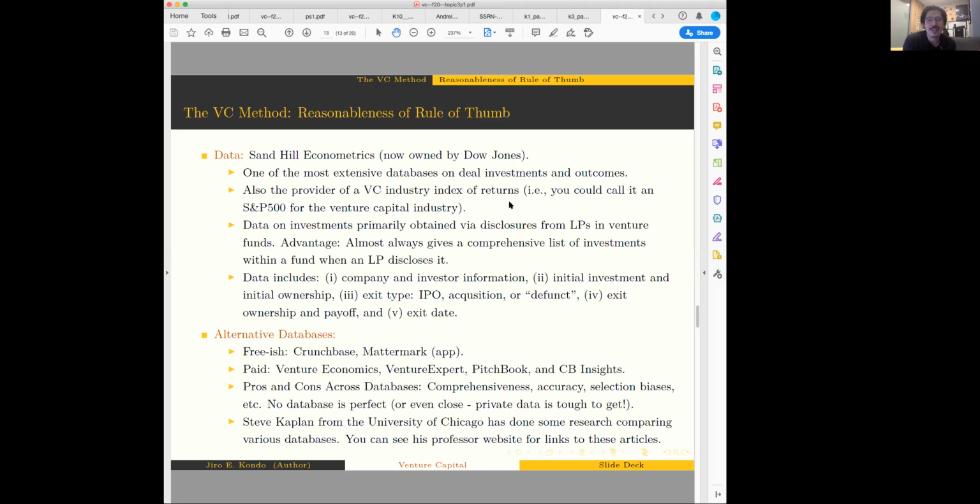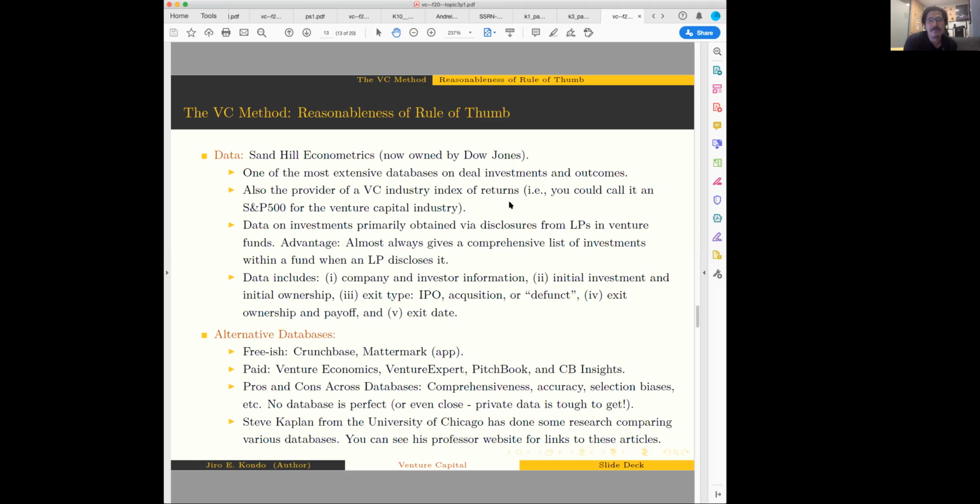Then, once that investment is recorded, the LP periodically updates that investment's information to Sandhill Econometrics. Most notably, once an exit occurs, they tell Sandhill Econometrics whether this was an IPO, whether this was an acquisition, or whether the company goes kaput, defunct.